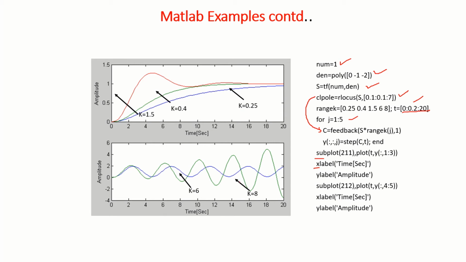There are 2 subplots I have shown. So this is the k equal to 0.25 plot. This is k equal to 0.4 plot. K is equal to 1.5 plot. Then k equal to 6 plot. Sorry, this is k equal to 8 plot and this one is k equal to 6 plot.